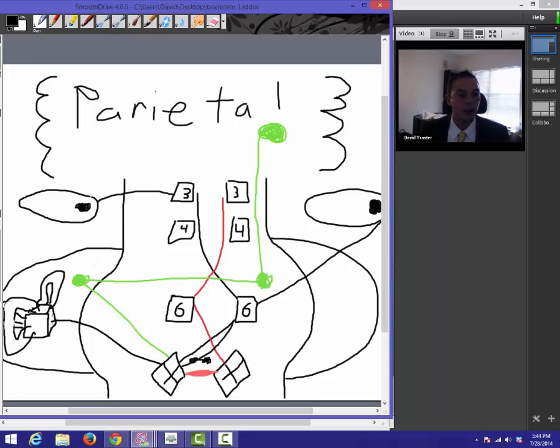So we get a pulse from the canal system into the vestibular nuclei. The vestibular nuclei is going to come up, activate 6, say your head is moving 20 degrees per second. At the same time, it's going to send a step that says 20 degrees per second to allow your visual fixation to hold on to a target. So it's no different. You have a pulse and you have a step.